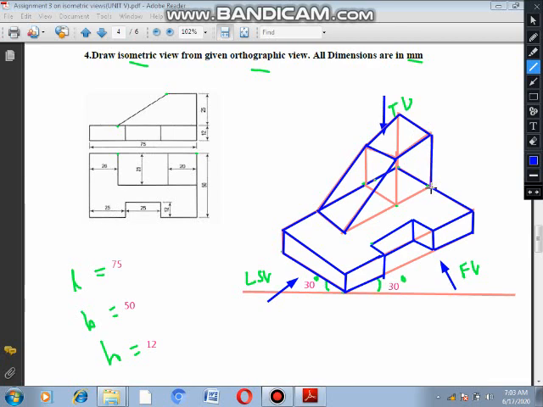Otherwise it is difficult. Okay, this is the total diagram for this isometric view, the conversion of orthographic view into isometric view. Okay, so now I am removing some lines for showing the total diagram.